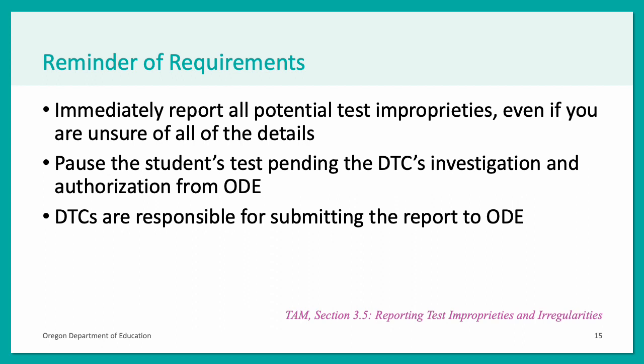Resuming testing before resolution can make the difference between whether the tests impacted can be reset and remain valid, or must be invalidated and that testing opportunity lost to the student or students. If there is any doubt about whether an incident or behavior is permissible, either for students or adults, always check the test administration manual and/or seek clarification.